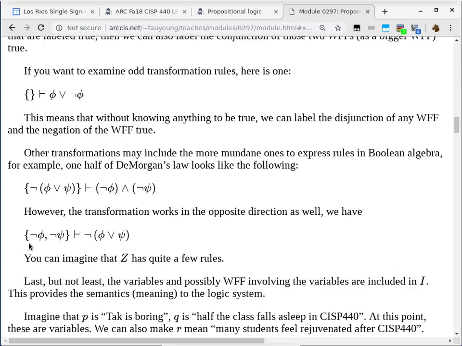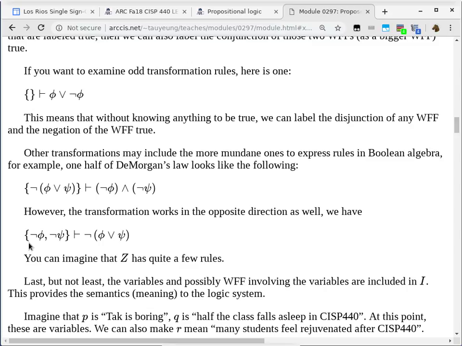You see how we can keep on going and going? Because this thing by itself can generate an infinite number of well-formed formulae, and they're all labeled to be true. Not particularly helpful, but they're all correct inferences. Okay.